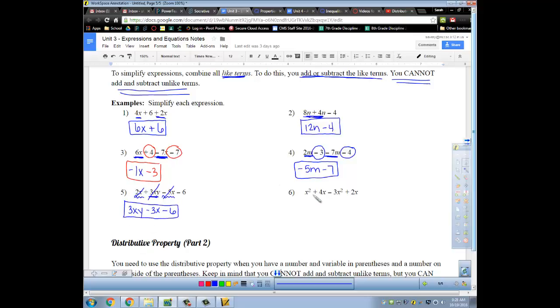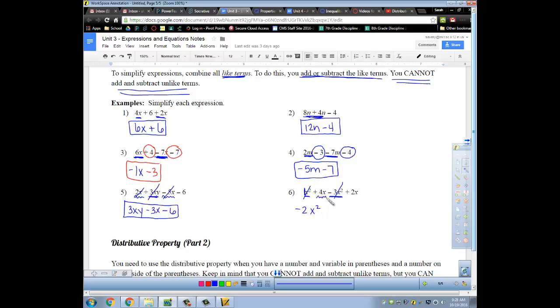Number 6, the most complex thing I see is x squared. So I have x squared minus 3x squared. So remember earlier we talked about if there's no number or no coefficient in front of a variable, there's an invisible 1. So this is 1 minus 3, which is negative 2x squared. So done with those.